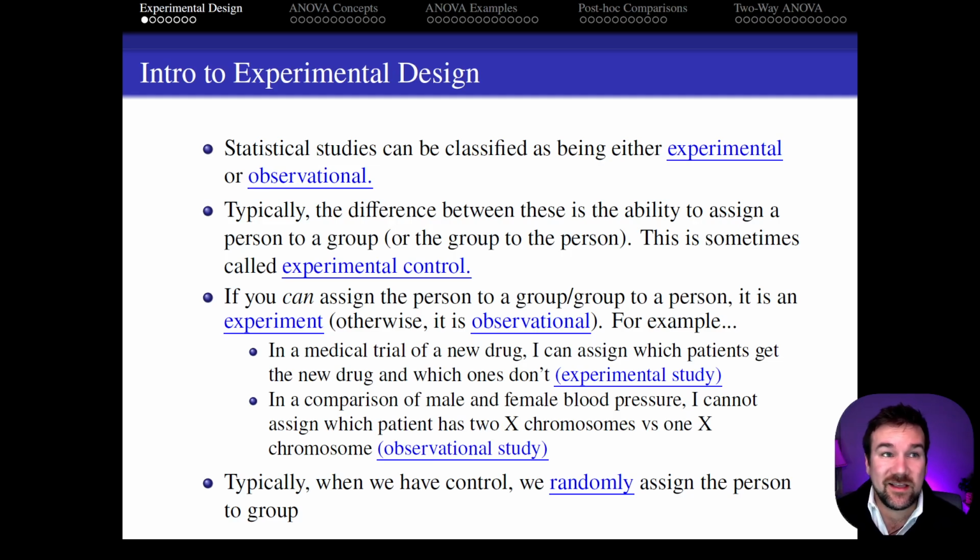In some cases, it's just not possible to do an experimental study. Comparisons between males and females is a great example of we just can't do an experimental study of that because we can't randomly assign people to one or the other of those two groups.